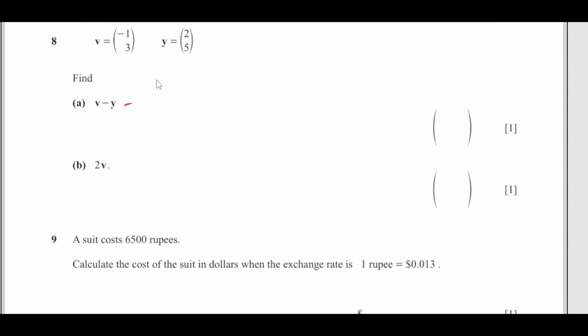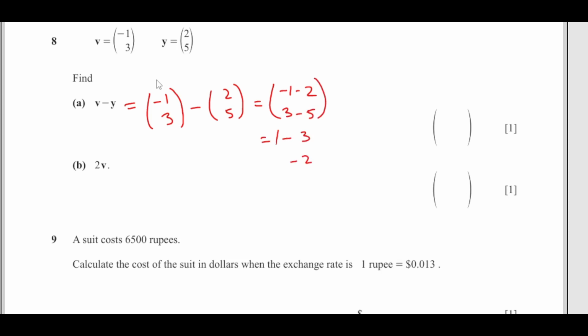Find v minus y. So we are going to write down v here as it is, and minus y is 2 and 5. So then we are going to subtract minus 1 minus 2 and 3 minus 5. So this is minus 3 and this is minus 2.